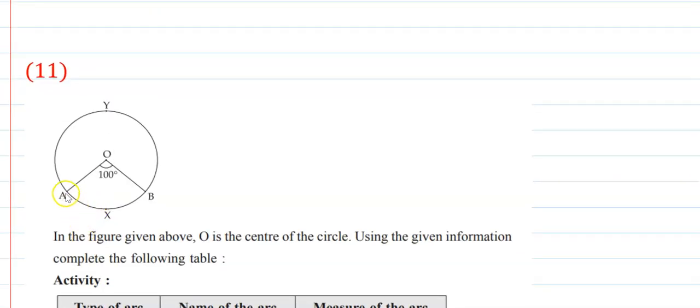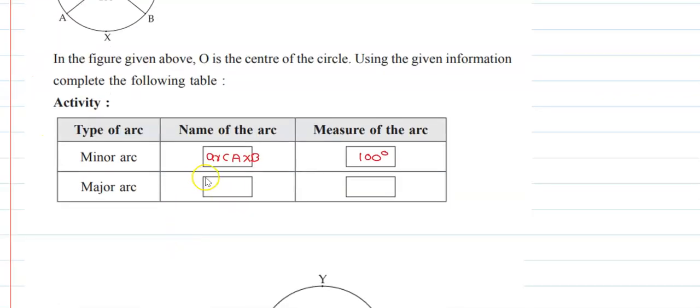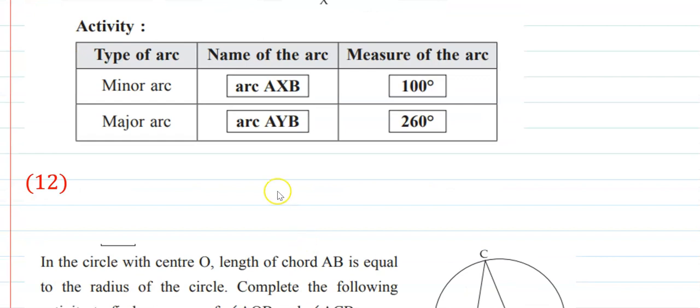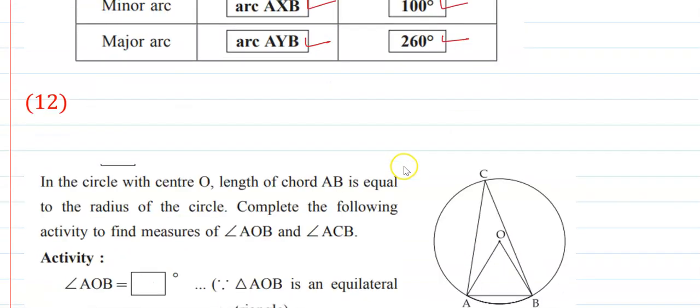The major arc is arc AYB and therefore we'll write here arc AYB, and that is equal to 260. Okay. And in this way the answers are arc AXB, arc AYB, and their measures are 100 degrees and 260. Now the next activity.